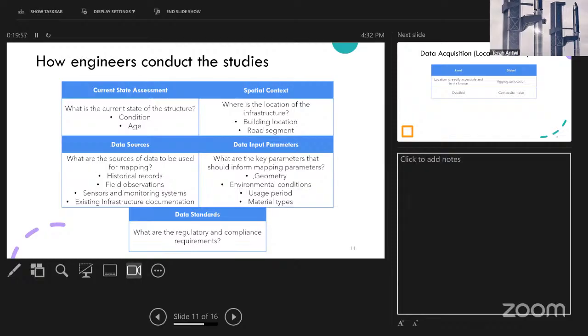So you would have to dwell on historical data, and you need something like field observation. You have to even couple field observation and sensors, maybe passive sensors, or you can even go hybrid where you combine active sensors and passive sensors for your mapping.